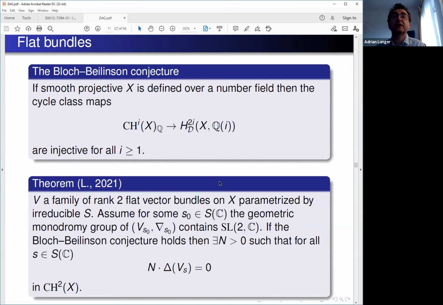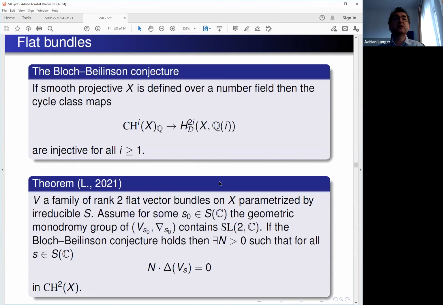And now if we assume that at some complex point of this S, the geometric monodromy group of this flat vector bundle contains SL2C, and if we assume that the Bloch-Beilinson conjecture holds, then the discriminants of these vector bundles at every point of S are torsion, and the order of torsion is bounded independently of the point. So here, I should make a few comments.